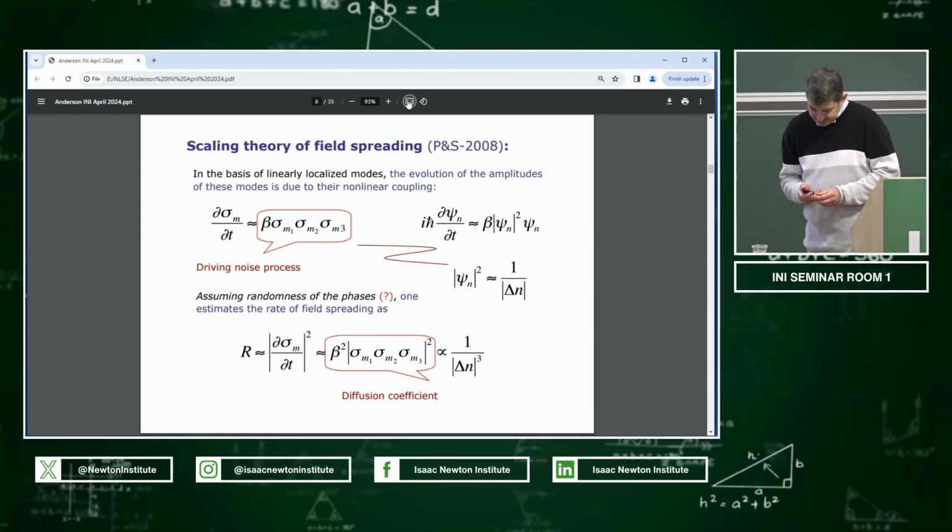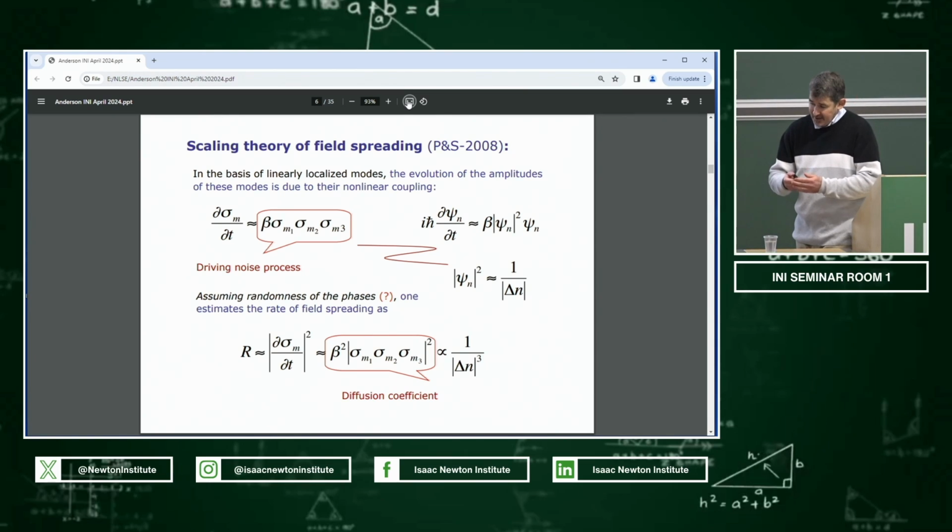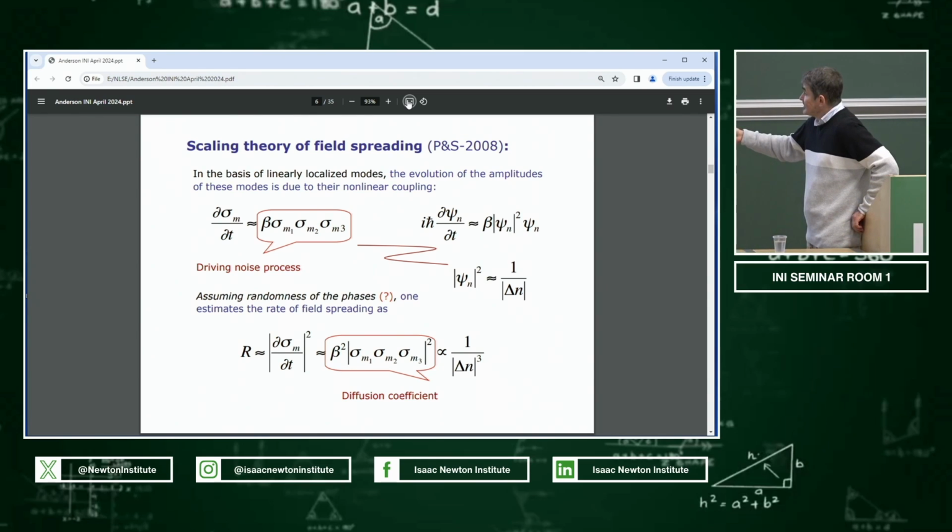So they said, okay, we have a linearly localized field. If you add nonlinearity, then the spreading of the nonlinear field will be due to nonlinear coupling among the modes.